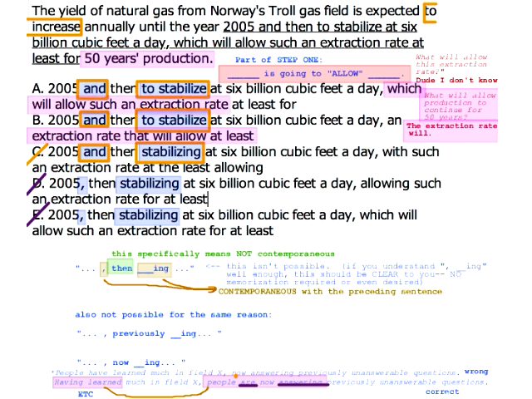Choice A doesn't say anything will allow the extraction rate. In fact, quizzically enough, choice A says that the extraction rate will allow the extraction rate. That doesn't make a lot of sense. So remember, step one is up front.